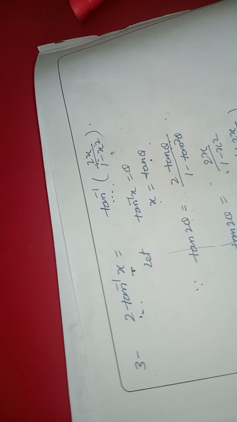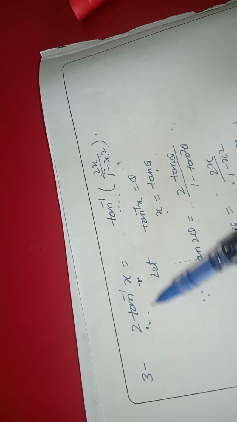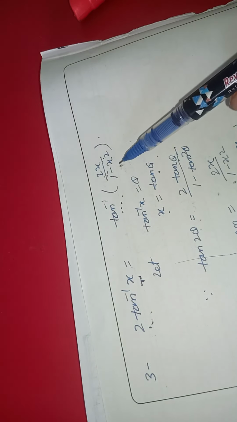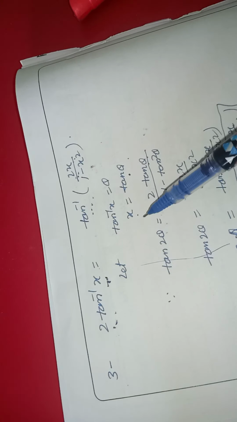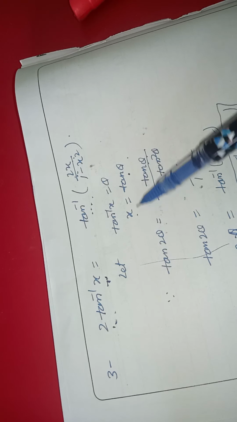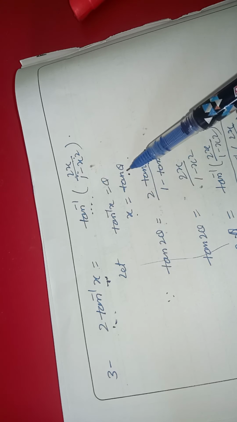And in a similar manner we prove that 2 tan inverse x is equal to tan inverse 2x upon 1 minus x square. For this, let tan inverse x be equal to theta and x is equal to tan theta.